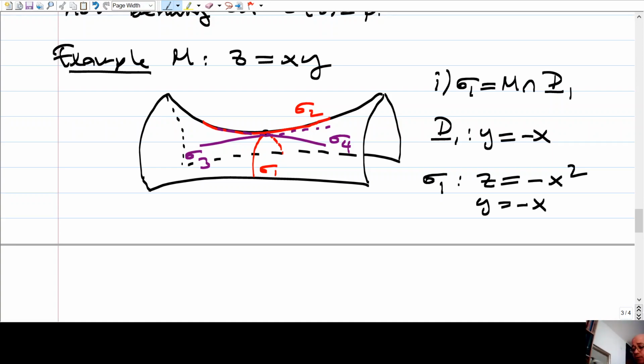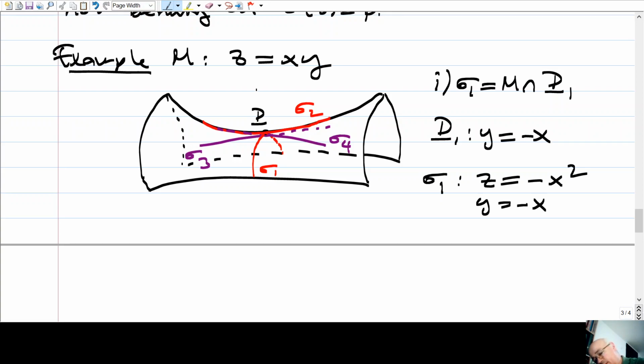It's a plane curve, and in that plane it's actually a parabola. So it is this parabola sigma 1. And from this picture we see that the curvature is actually negative. So here, this is the point P, and the surface here is bending away from the normal vector.